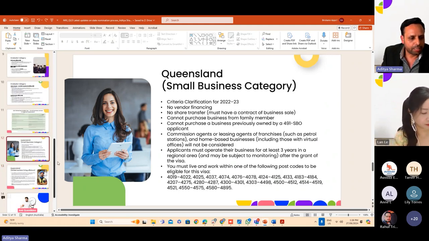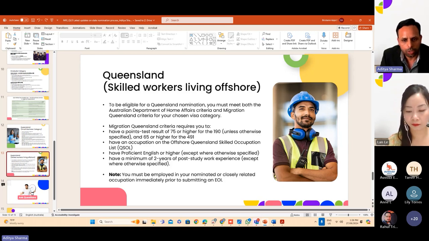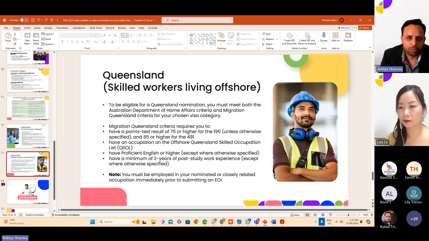The last and final category for the Queensland nomination is workers who are offshore. People who are offshore can also apply for the 190 or 491 in Queensland, though the requirements are slightly higher for those applicants. First of all, the points need to be 75 or higher for the 190, and 65 or higher for the 491.